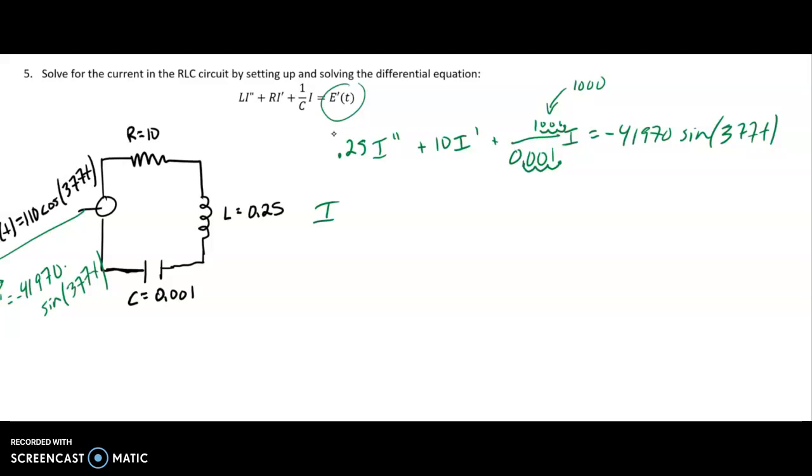That gives me I double prime plus 40 I prime plus 4,000 I equals, when I do this multiplication, I get negative 165,880 sine of 377t. And you know, maybe you can do that multiplication in your head, but I'm using a calculator to do this right here, 4 times that.